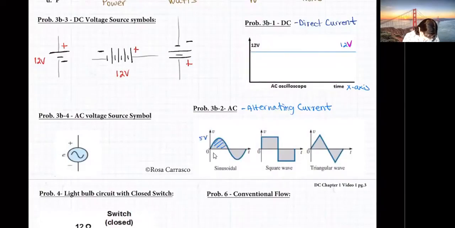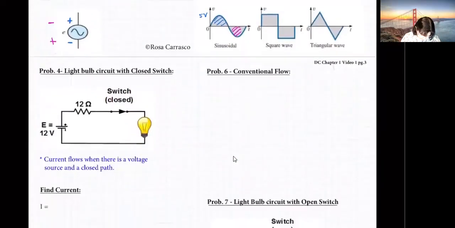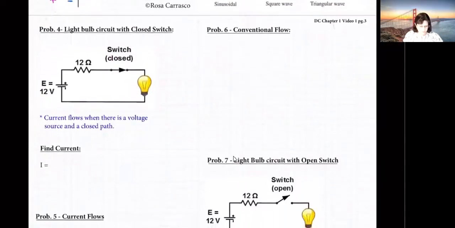So when that's the case, the polarity is positive, negative. But when I'm on the negative side of my cycle, I'm going to put it in pink, the polarity switches from negative to positive. So it's changing polarity, alternating current. Yes? Okay, very good. So now let's go do our first circuit.